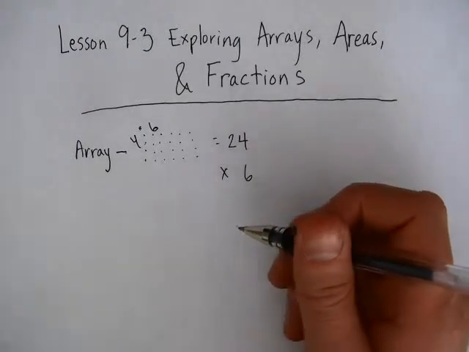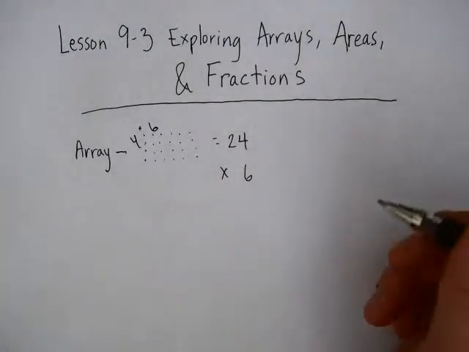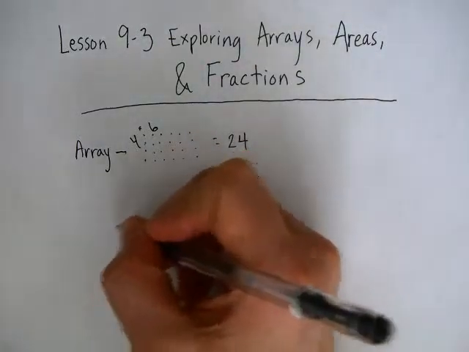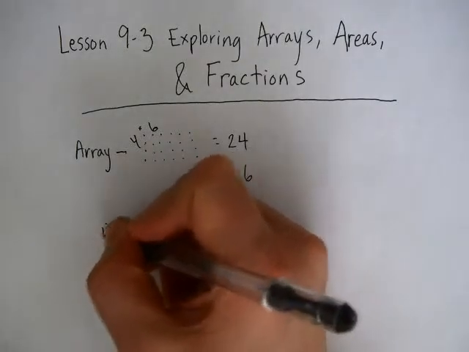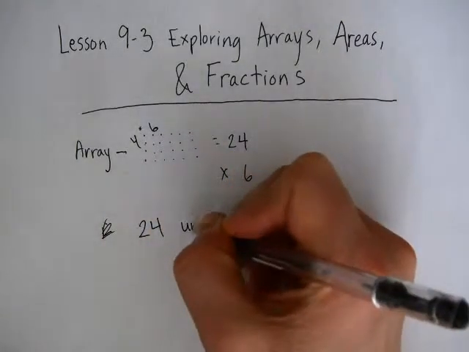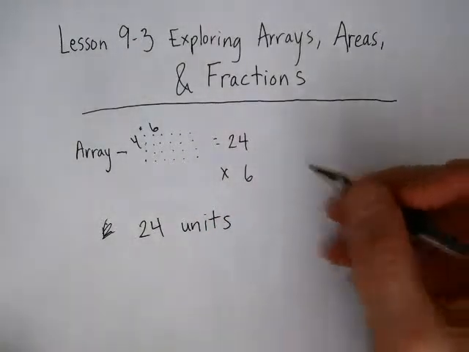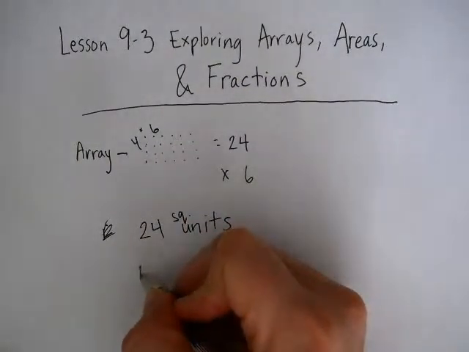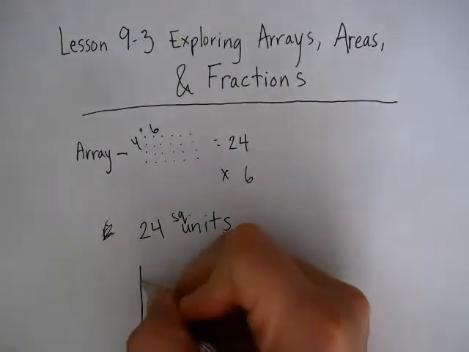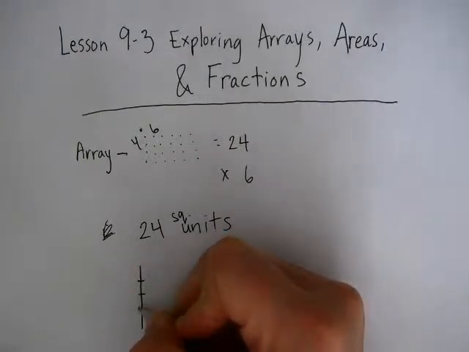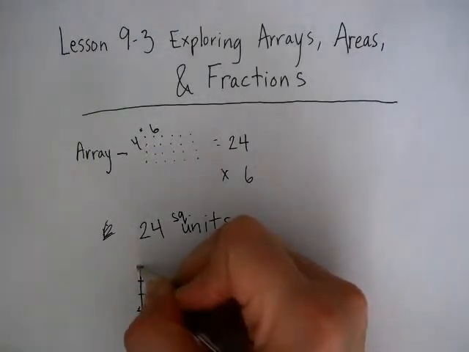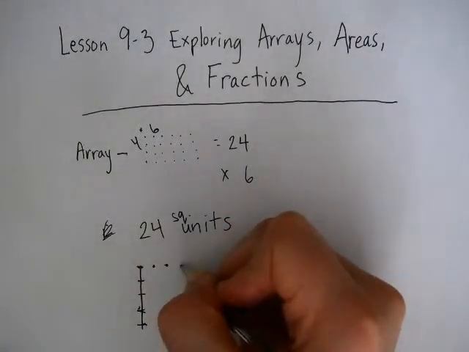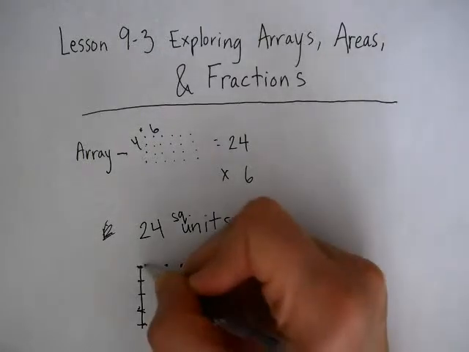We also want them to be able to draw rectangles and squares with given areas. So if we say there's a shape that has an area of 24 square units, we want them to be able to say, oh well, okay, I know that I need to have 4 units down, and maybe they're connecting dots here, and 6 across, like that.